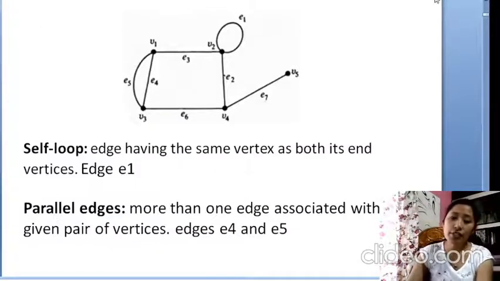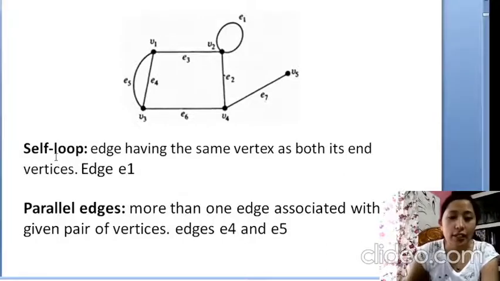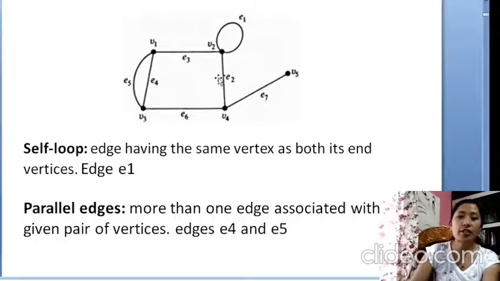Before proceeding further, we will see some terminologies, and let us consider this graph. In this graph, there is an edge E1 which has the same starting vertex as well as end vertex.